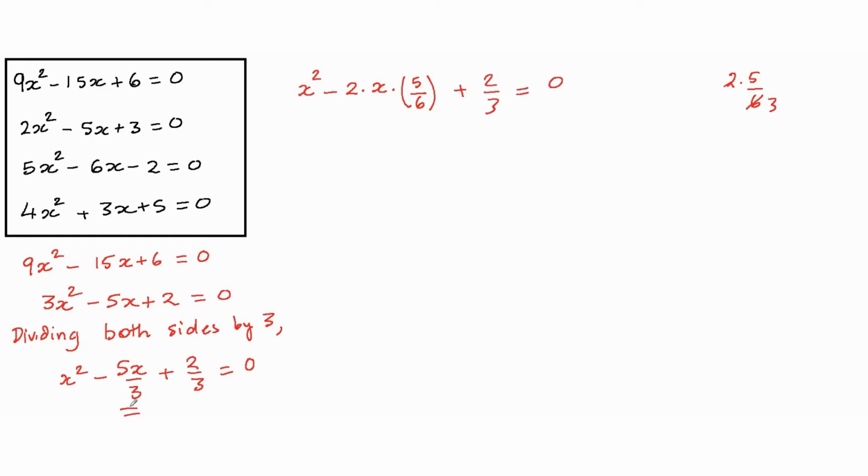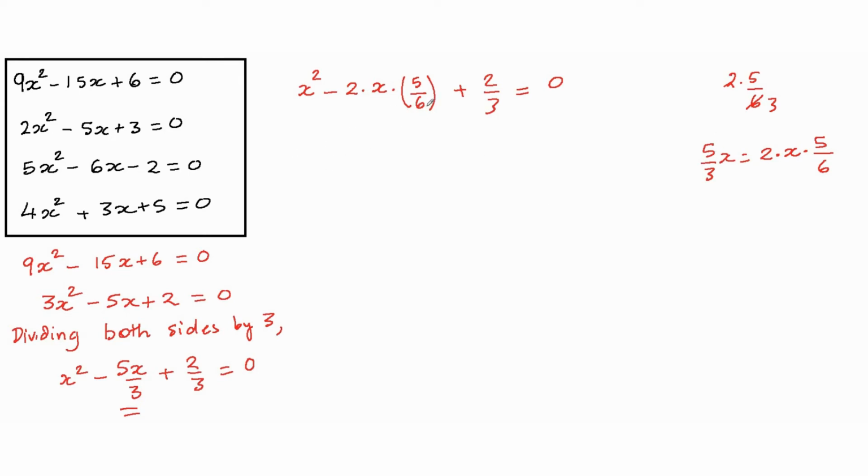Again, just to repeat, when I had to split the term, I split 5 by 3x as 2 into x into, and then I just multiplied the denominator by 2, which is 5 by 6, right? So 2 and 6 cancel to 3, and this is how you get 5x by 3.